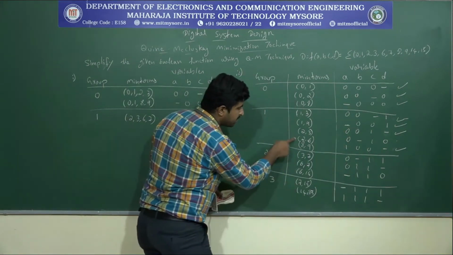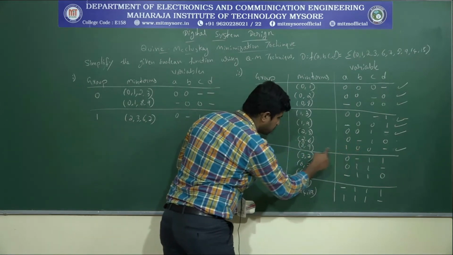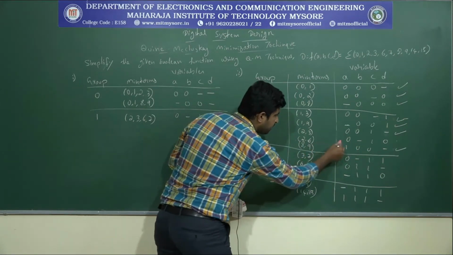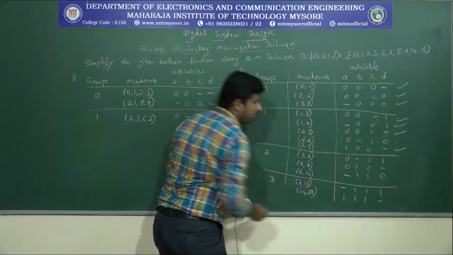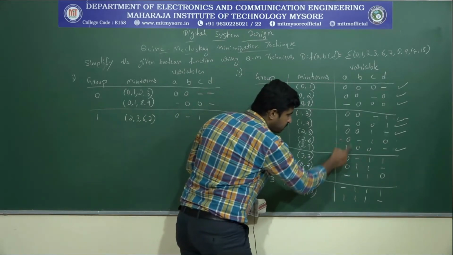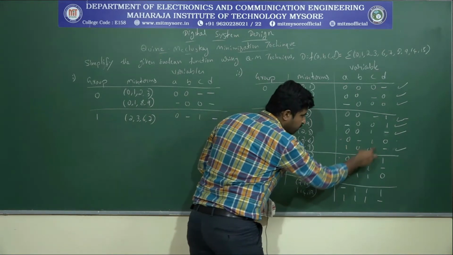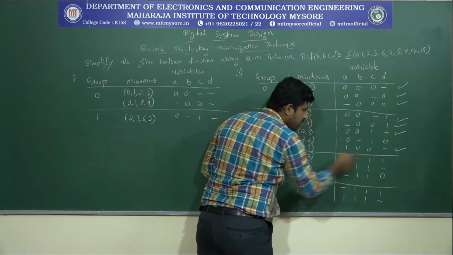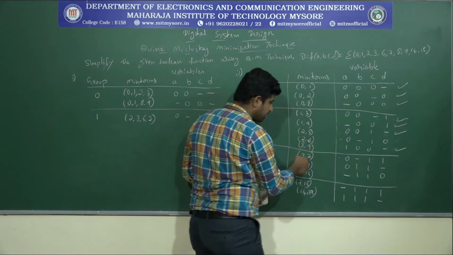Next, let's compare 2, 6. This can be compared with 3, 7 because the dash position is the same. Let's compare 0, 0, dash and 1, 1, 0, 1. So we can group 2, 6, 3, 7.